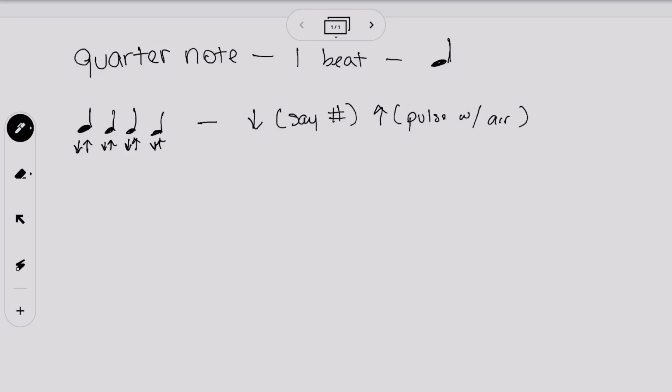Does that make sense so far? Great. So the other thing that we learned is if we have too many notes here and we need help to break them apart, we're going to add these little lines here, which are called bar lines.